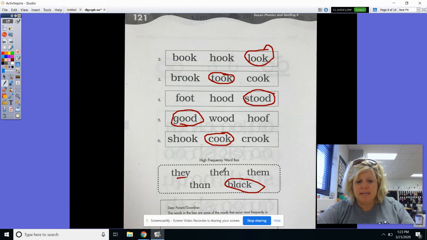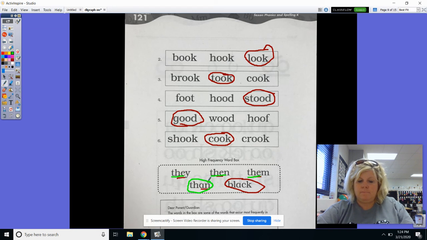Sight word he, sight word he, sight word he, sight word and. But I also see 3-letter sight words. The. But what word was I describing? You could have said they, you could have said then, you could have said them, or you could have said than.